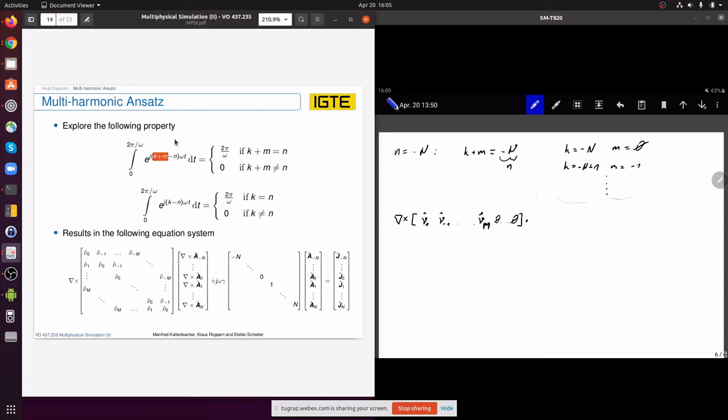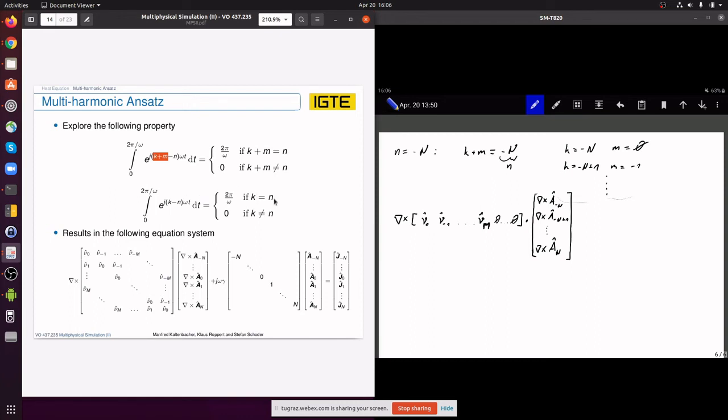And we multiply this vector with the vector of curl A. So the first exponent, so index 0, must be multiplied with the exponent minus N. So this is the A minus N harmonic. Then curl A minus N plus 1, and so on, until curl A plus N. And of course the mass term, but the mass term is straightforward.